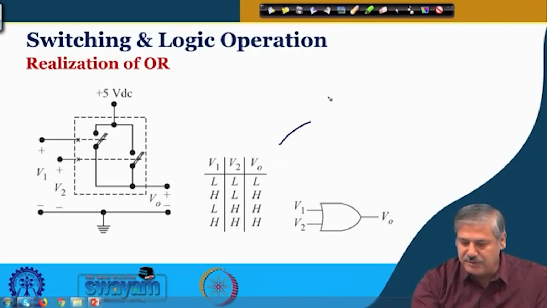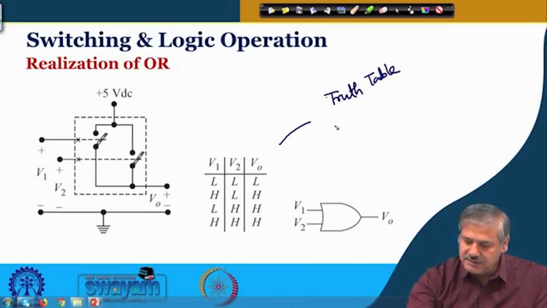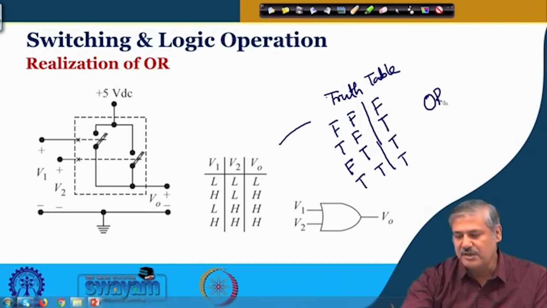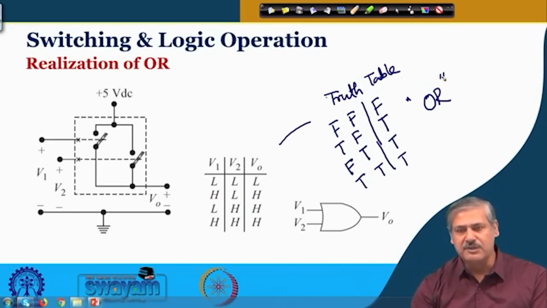In this representation, false, false gives you false; true, false gives you true; false, true gives you true; and true, true gives you true. This is nothing but OR representation or logic. And the corresponding symbol is what you see over here. Is it clear?